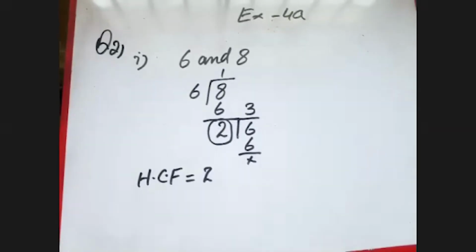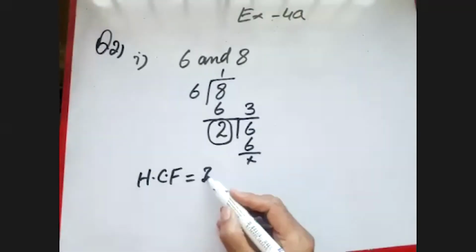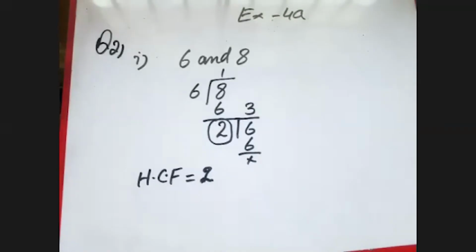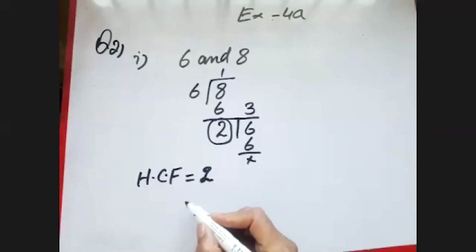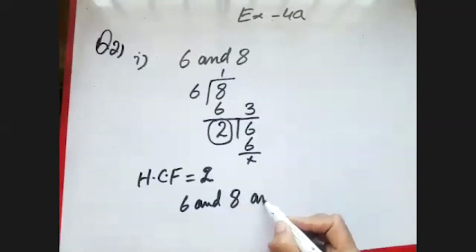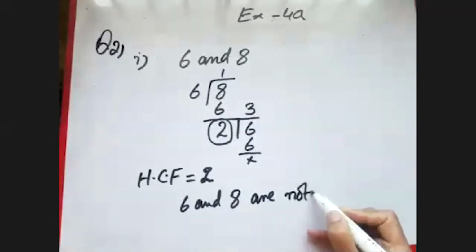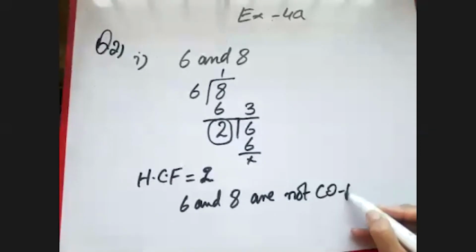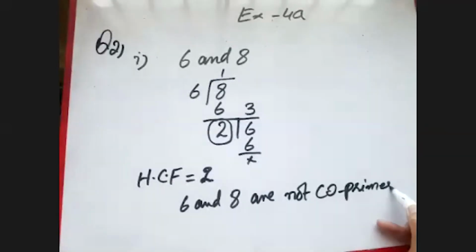When you divide two numbers, or factorize two numbers separately, and their HCF becomes 1, the numbers are co-primes. So if the HCF is different, not 1, any other number, you will say that 6 and 8 are not co-prime numbers.